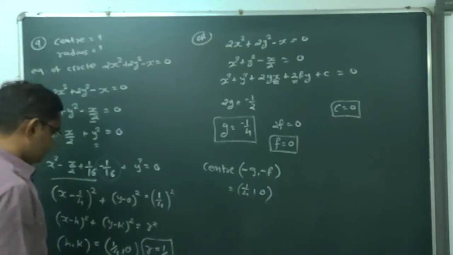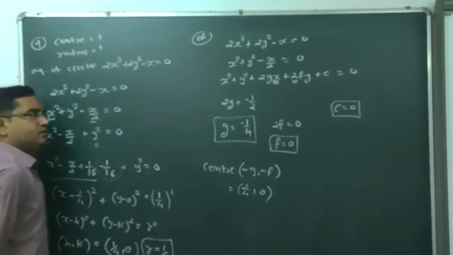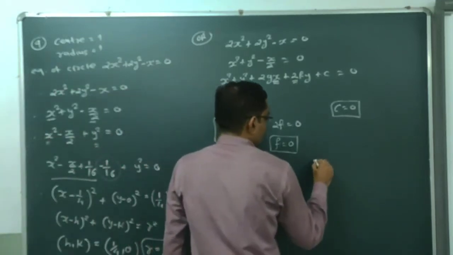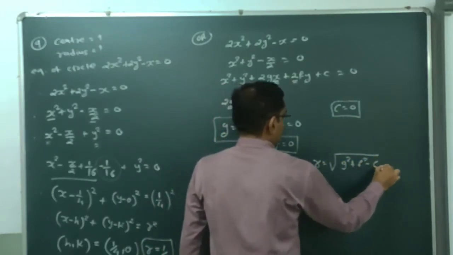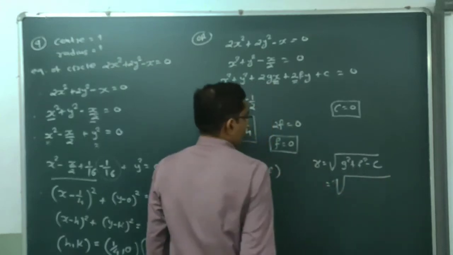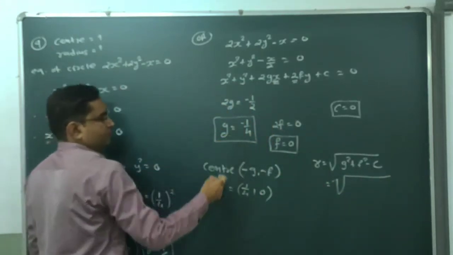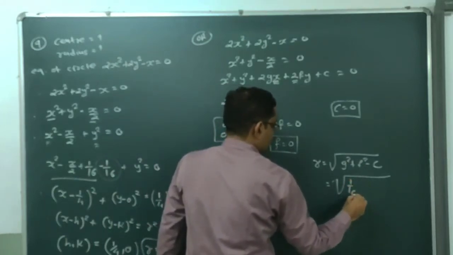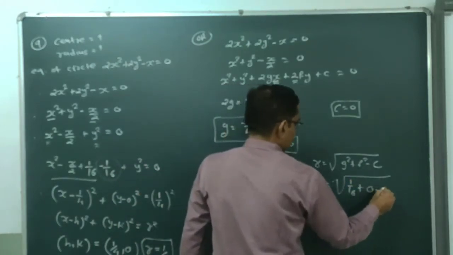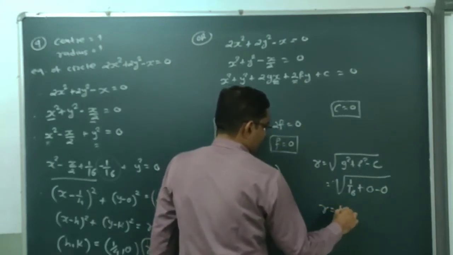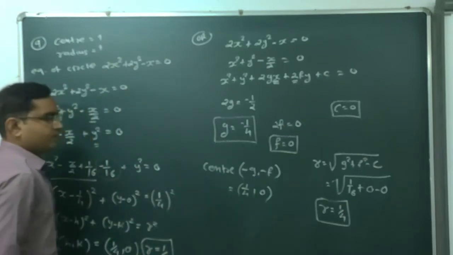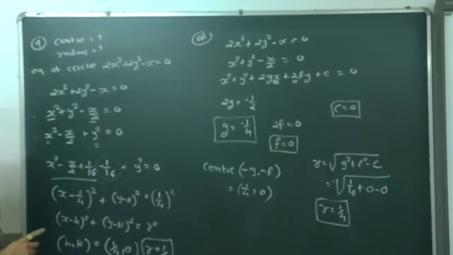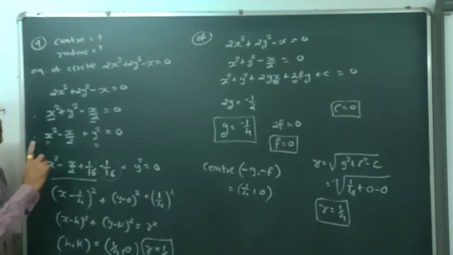So 1/4 comma 0 is the center of circle, and value of radius r is square root of g square plus f square minus c, that is equal to g square, here minus 1/4 square is 1/16, f square 0, minus c 0, so square root of 1/16 is 1/4. So again we are getting the same answer. Done. So by these both methods you can find the center as well as radius of this given equation. Clear, students? So please note it down.